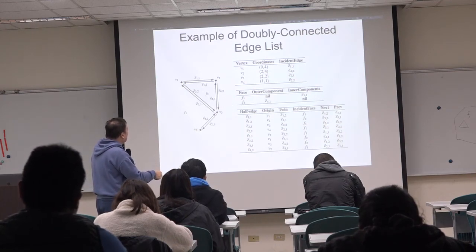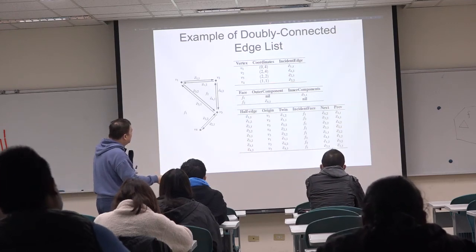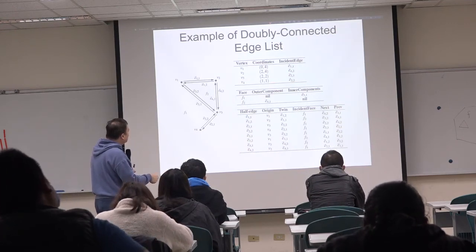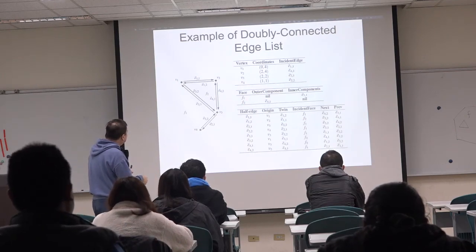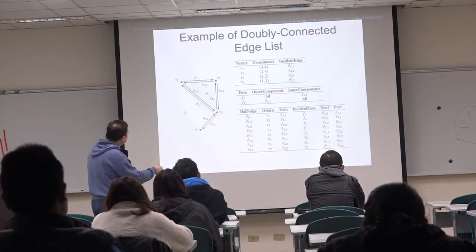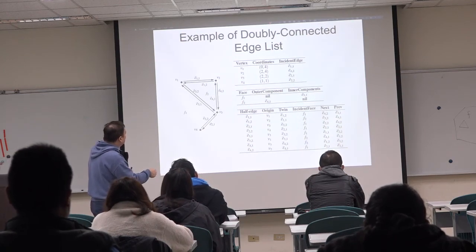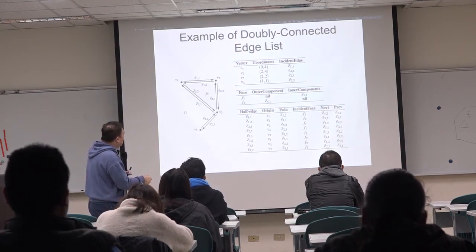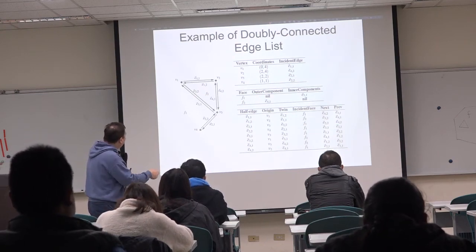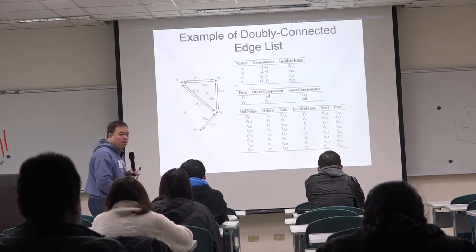And for the faces, you can see face F1, we actually have two faces here. F1, the unbounded face outside of this loop, and the bounded face F2 inside of this loop. For F1, it's the unbounded face, so it does not have an outer component.